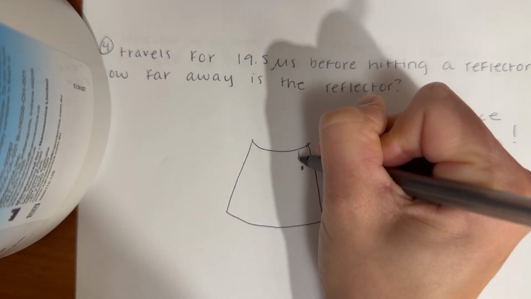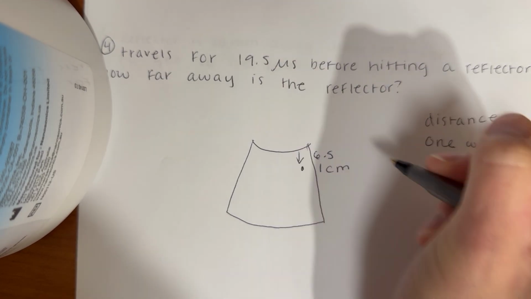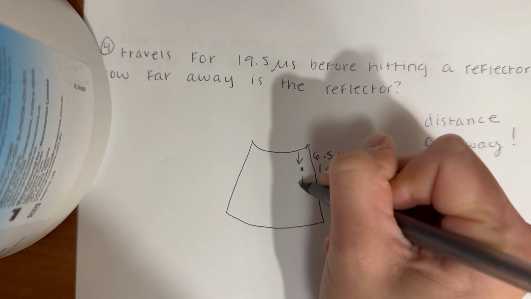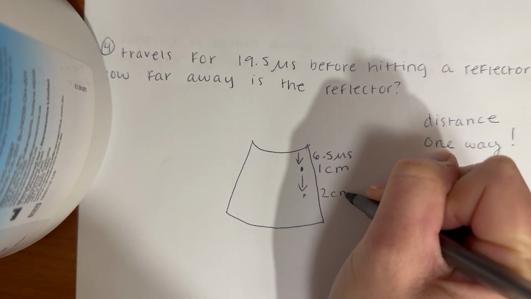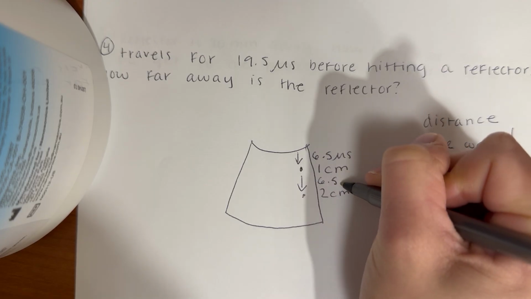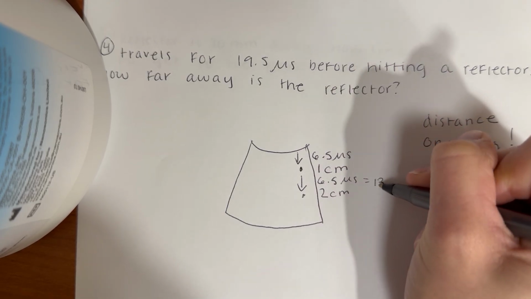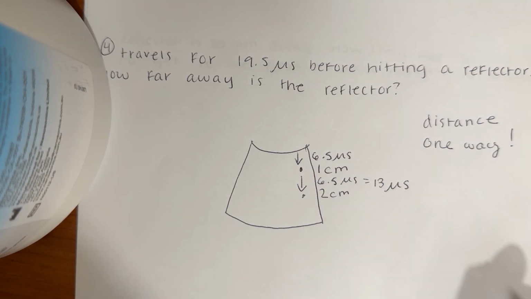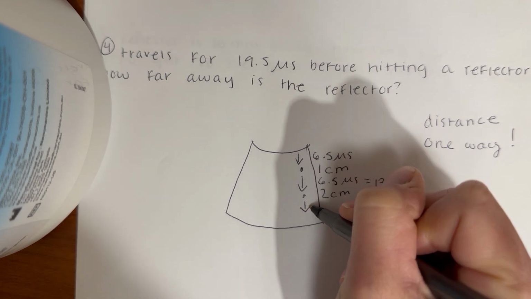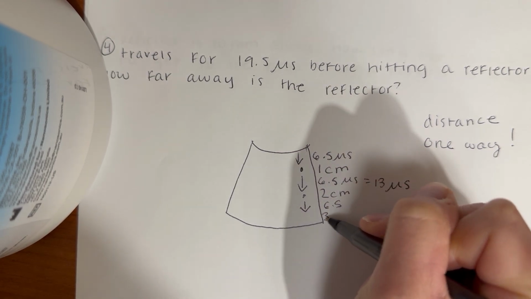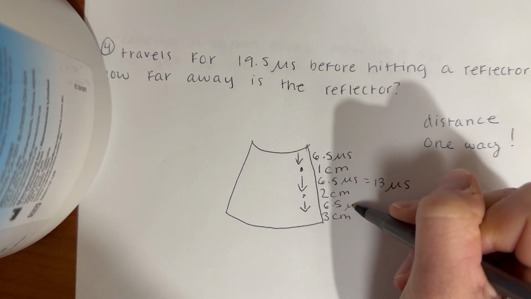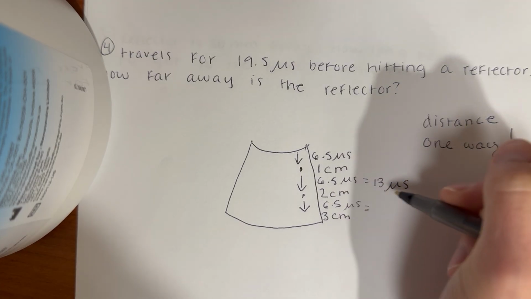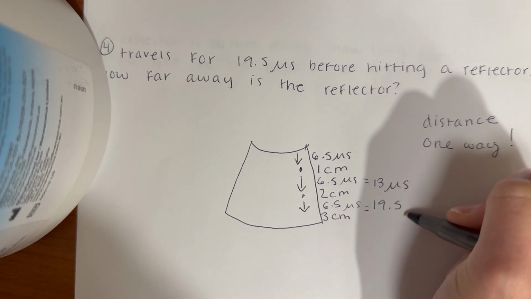So we're doing that 6.5 again. 6.5 gets us to 1 centimeter. Another 6.5 gets us to 2 centimeters, which now we're at a total of 13 microseconds. So we need to go further. Another 6.5 gets us to 3 centimeters, which then is 19.5 microseconds.